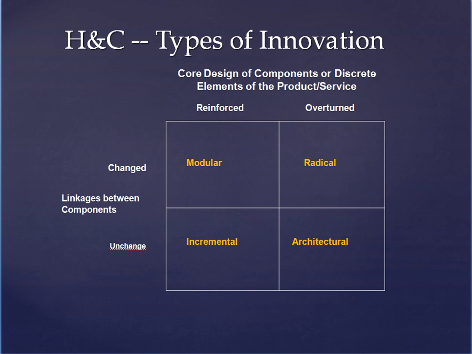The ones that are really quite interesting, however, are when the linkages between the components remain unchanged, but there is something inside the technology that is really quite different. It overturns the old way of doing business. And the challenge here is that when architectural change occurs, you have to change belief systems about how things work and why in order to successfully adopt.